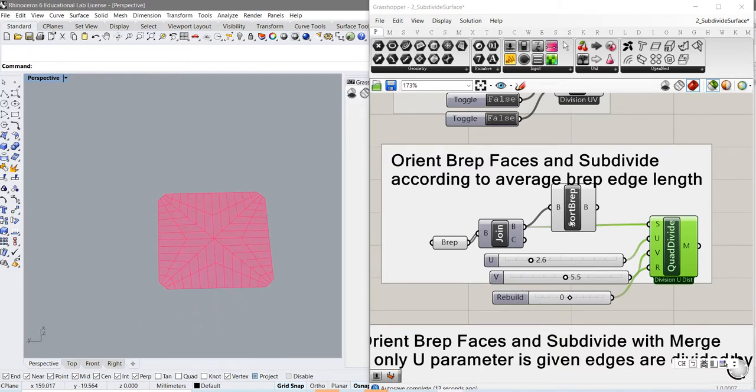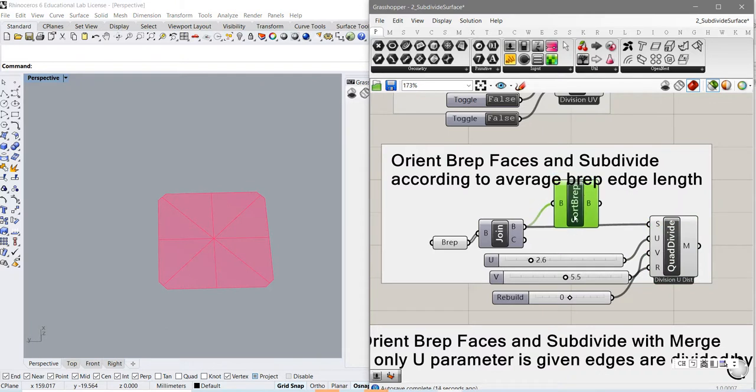So this is without sort brep, but how about if we sort the brep? I think for this example it doesn't change anything, so you basically find the same. But there is another example where you can figure out why sometimes we need to sort the brep.